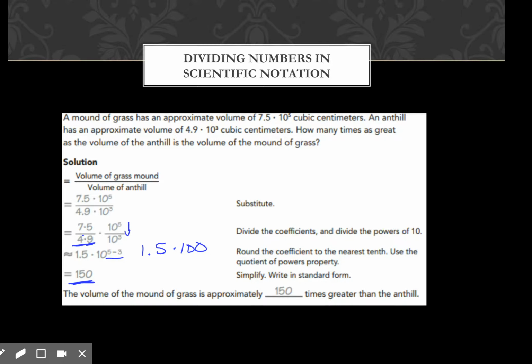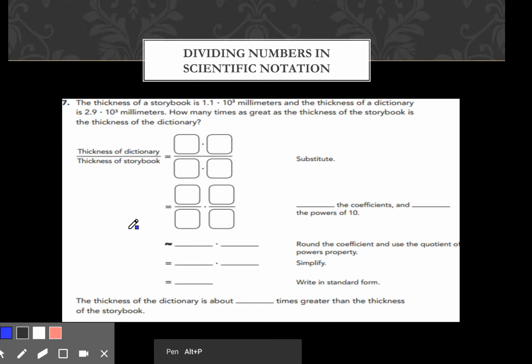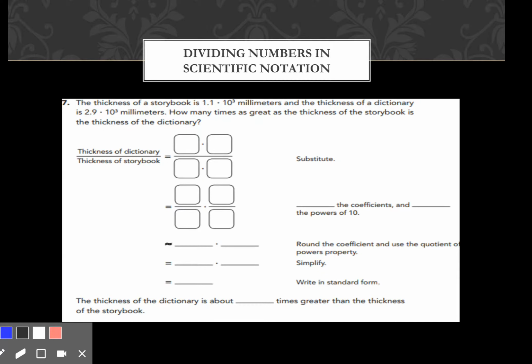So let's do some practice. In this case, we have 1.1 times 10 to the third, which is the thickness of a storybook, and 2.9 times 10 to the third is the thickness of a dictionary. They want to know how many times bigger. So I'm going to do 2.9 times 10 to the third divided by 1.1 times 10 to the third.